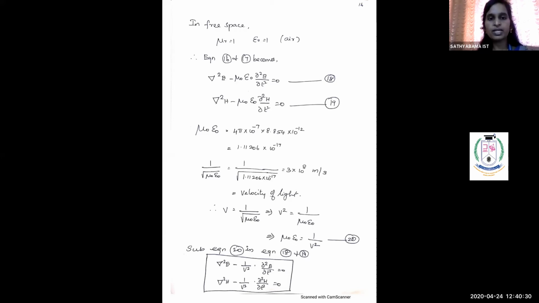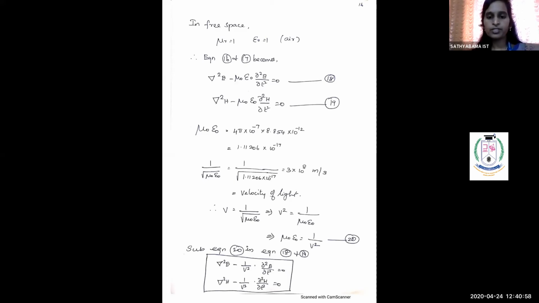I'm rewriting my 18th equation as del square E minus 1 by V square into dou square E by dou t square is equal to 0. That's what I've written on the down part of your PPT.